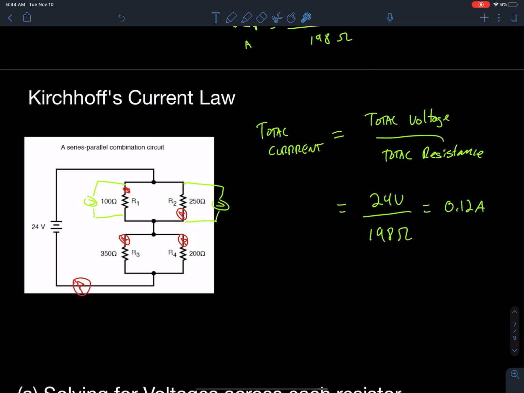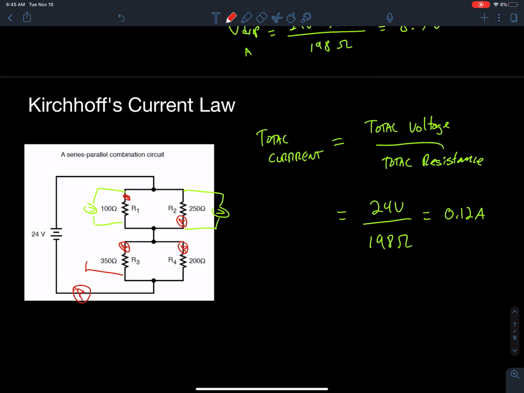So 0.12 amps is going in here and coming out there. For the other branches, the voltage here was 15.4 volts, so 15.4 volts divided by 350 and 15.4 volts divided by 200 tell me the currents, and those two currents added together should equal 0.12 amps.